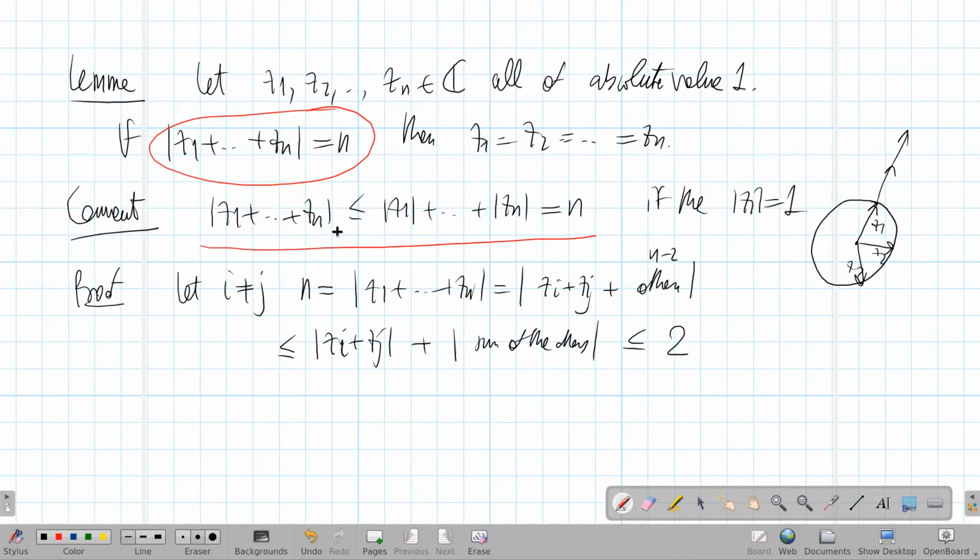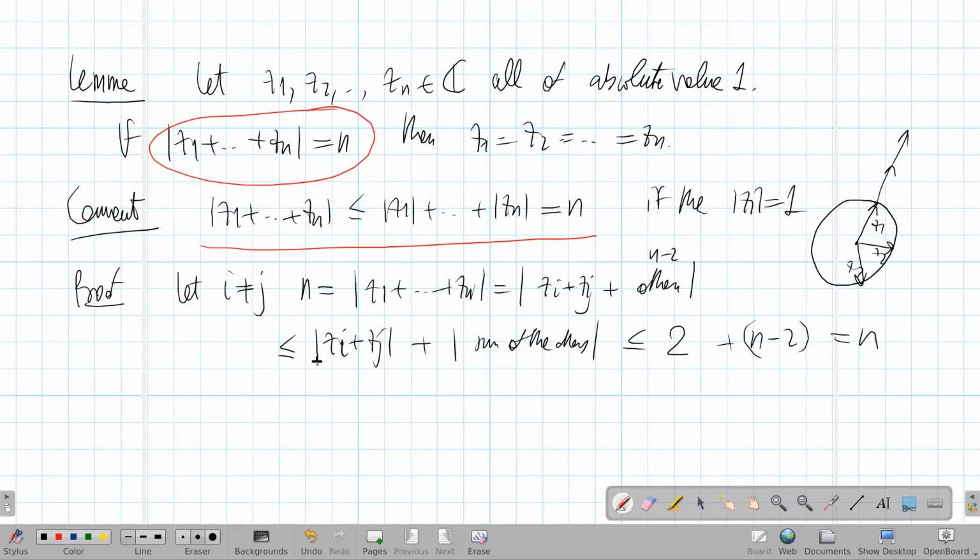If you have any number of elements of absolute value 1, the absolute value of their sum is at most the number of items you have. So it will be at most 2 plus n minus 2. So if it is exactly n, this means that the absolute value of zi plus zj is also 2, because if it's less than 2, this will be less than n.